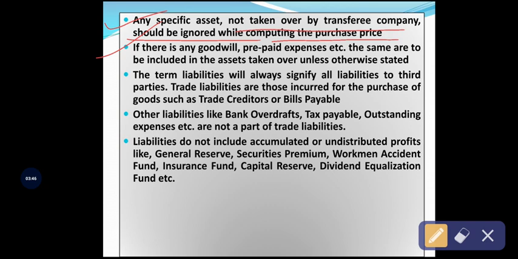If there is any goodwill or prepaid expenses, the same are to be included in the assets taken over unless otherwise stated.